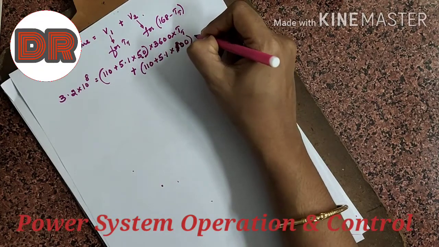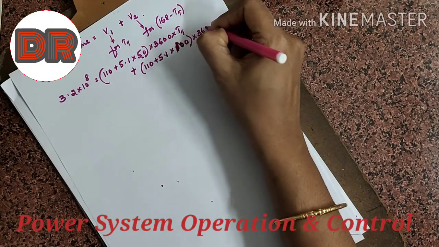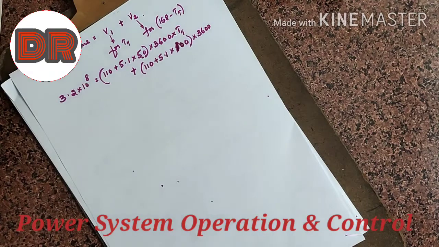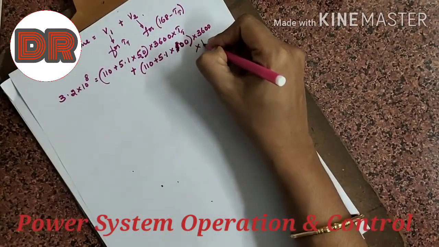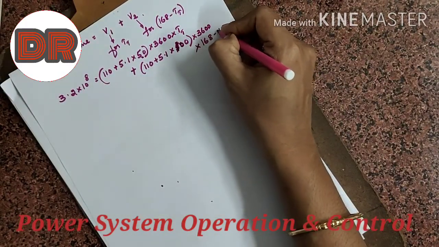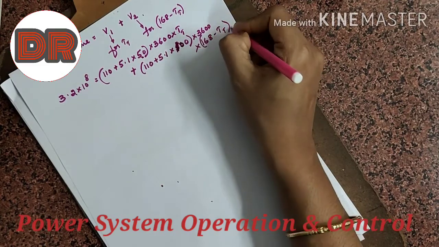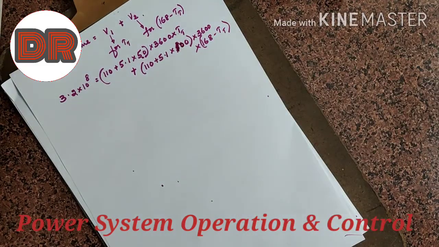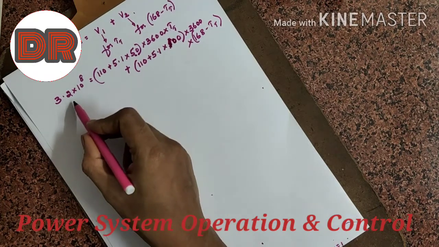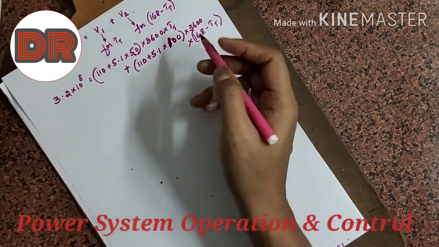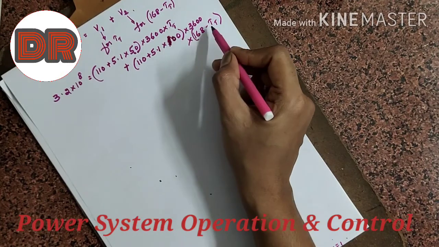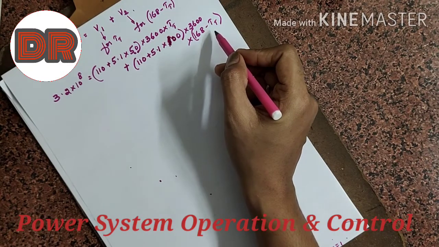So it is into 3600 into 168 minus TT. So we have written everything here. If we simplify, I'll not do the entire calculation, you can just simplify. The only unknown here is TT, so you can solve for that.